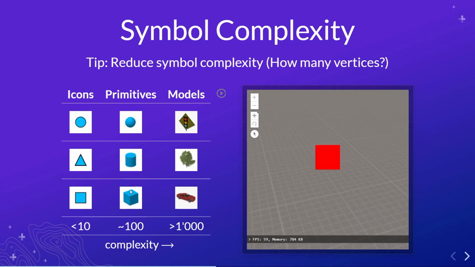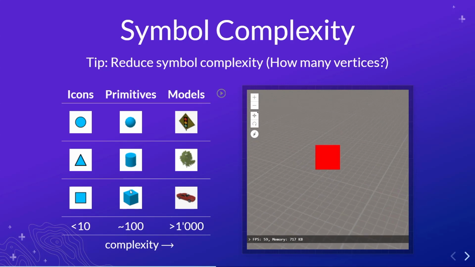And then at the top of the food chain, so to speak, are 3D models that allow you to load custom geometry by using the glTF format, or you can choose from a gallery of available web style symbols. The number of vertices is generally speaking high, so in the order of thousands, and will thus hit the processing performance of your graphics card.